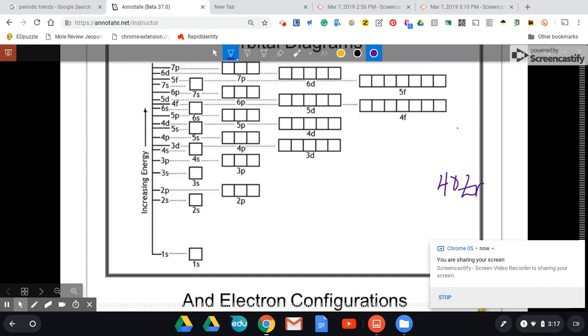So once again, that 40 lets me know that I have 40 protons, so 40 electrons. So I'm going to start right here. Okay. Keep going. All right. If I stopped right there, I have 10 electrons. So I need to keep going because I've got to go to 40. So follow your staircase.